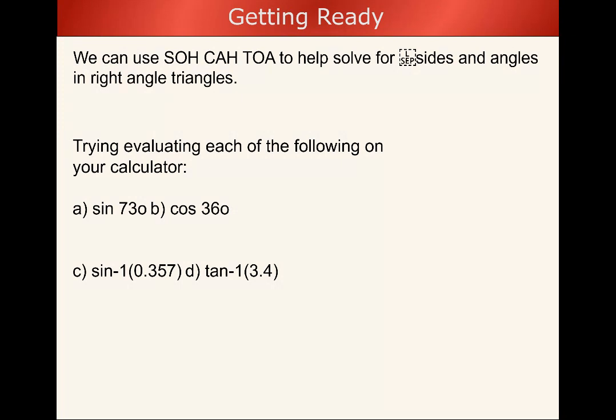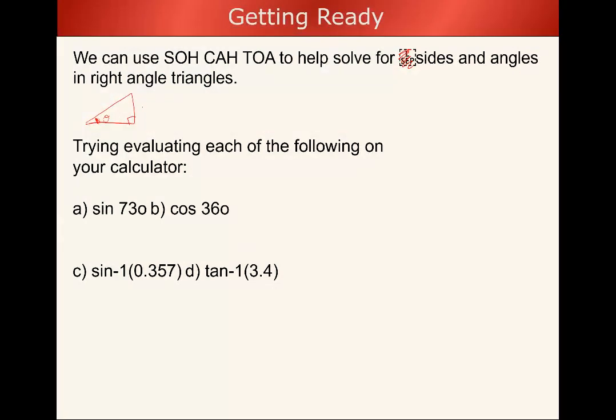All right. So if you remember, you can use SohCahToa to help you solve for the sides and angles in right angle triangles. That means one of the angles has to be 90 degrees. So if you need a little review here, here's your right angle triangle. This would be where the angle is right here.